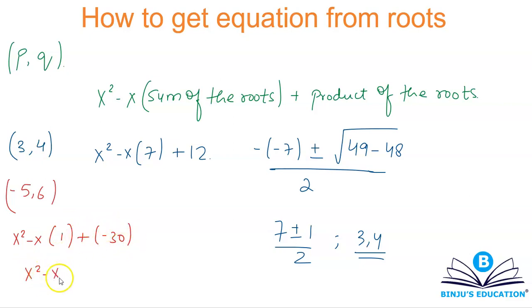So that is x square minus x minus 30. Alright, so this is more or less everything that you need to know as far as roots are concerned. We have discussed all the things pertaining to roots, nothing else you need to know.